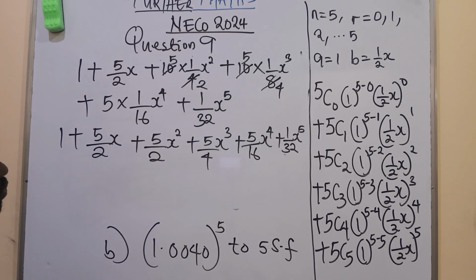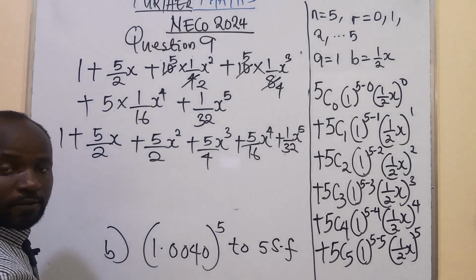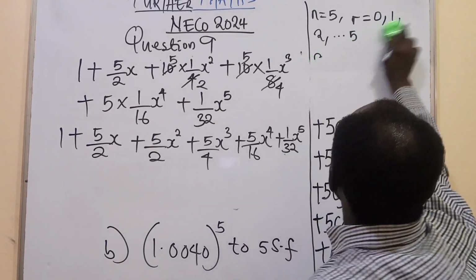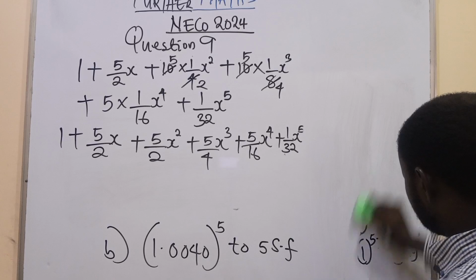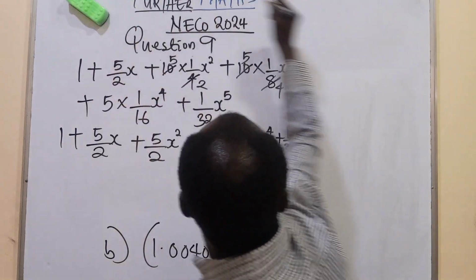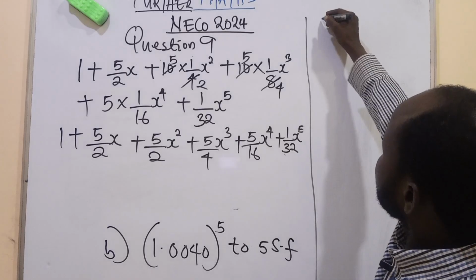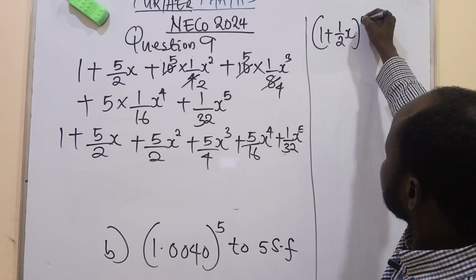Let's look at how we can work on this B. Remember, what was given to us, let me write it here. The binomial expansion that was given to us for us to expand was 1 plus half of x, power 5.